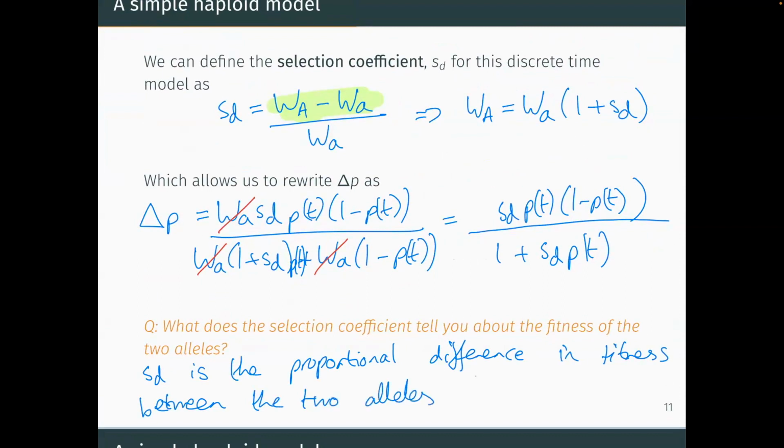But crucially, with respect to allele little a. I could have defined this in terms of W sub capital A, right? It would have been slightly different. Here we're talking about things relative to this little a allele.